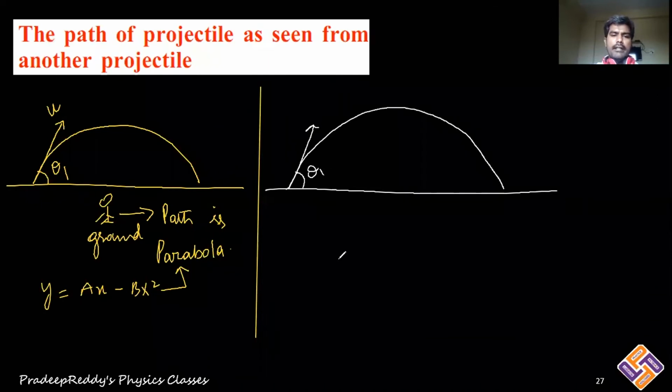There is another projectile projected with some other angle, let me consider its angle of projection as theta 2. The first is thrown with velocity u1, the second with initial velocity u2.